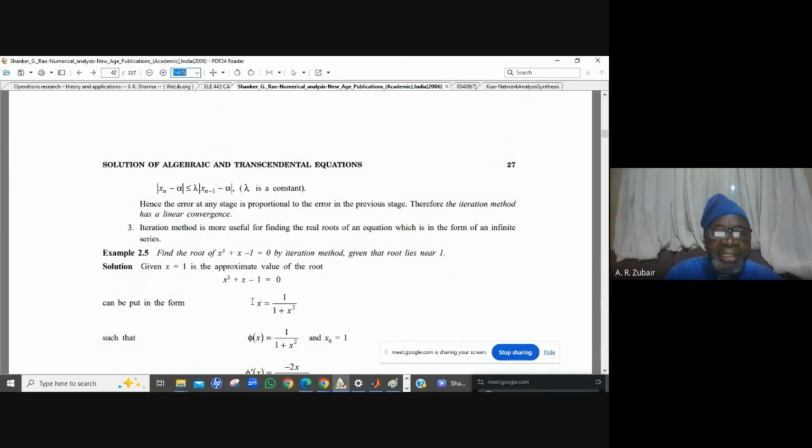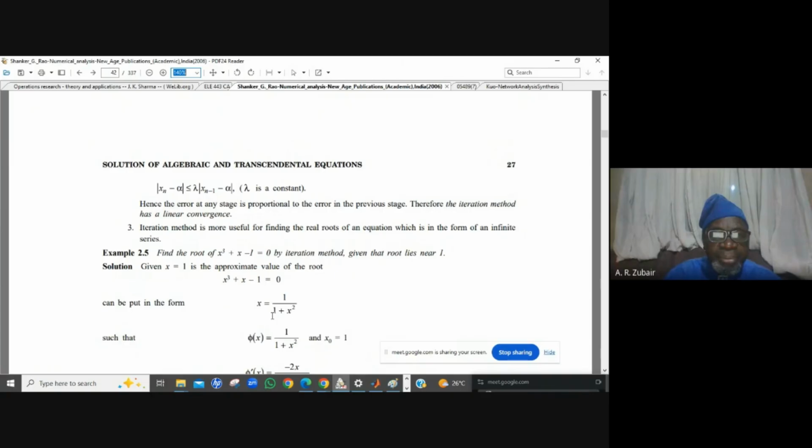So make x the subject of the formula. Let's see what he did here.